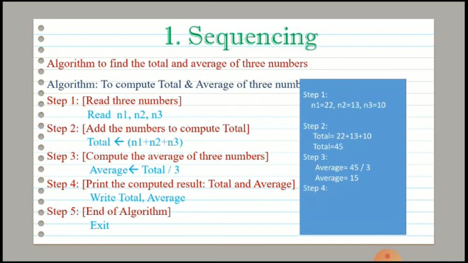After calculating total and average, in the fourth step we will print the output, that is 45 and 15. After printing the output, in the fifth step we will stop the algorithm by writing the statement stop or exit.